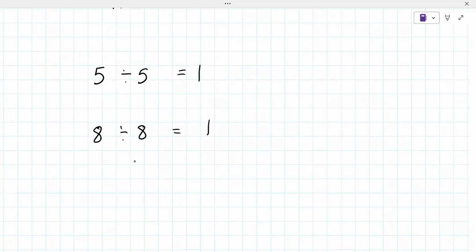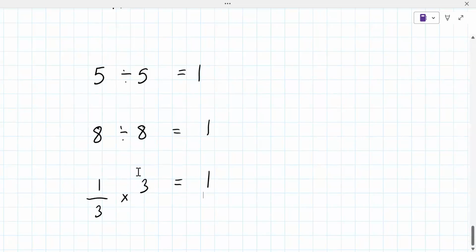The next couple of types are, and we're going to go back here. If I have 5 and I divide it by 5, I get 1. If I have 8 and divide it by 8, I get 1. If I have 1/3 and I multiply by 3, that is also 1.